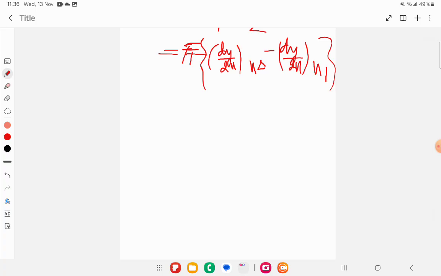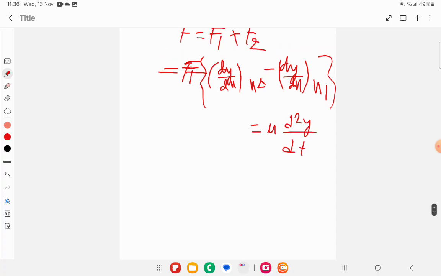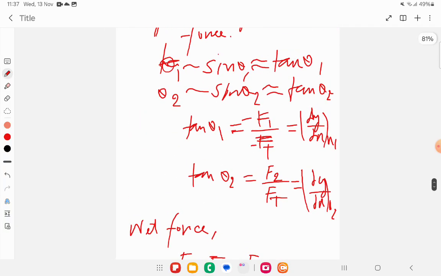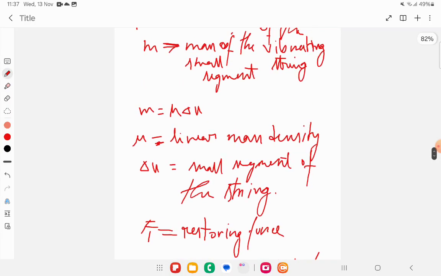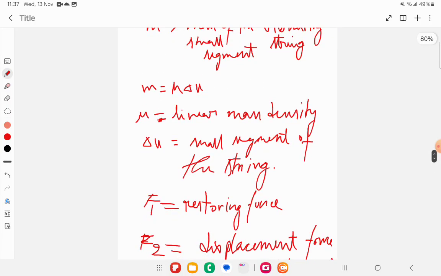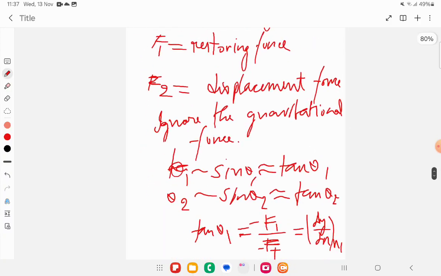This is equal to mu d2y by dt square, as F is equal to ma.